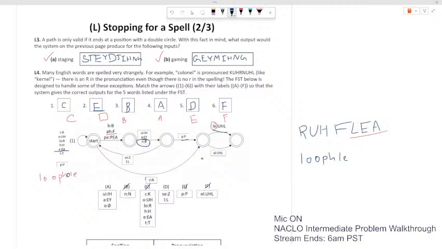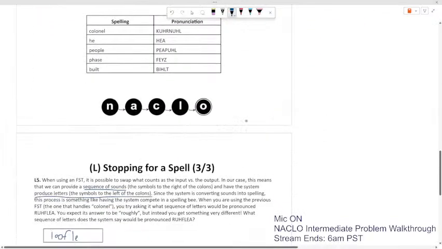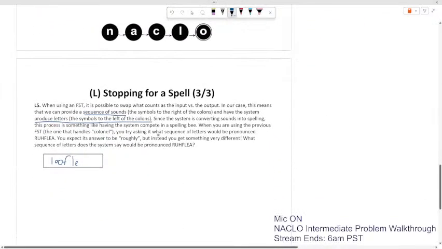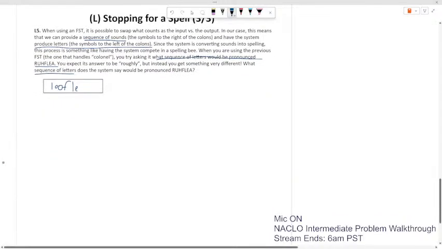Since O outputs nothing, it would be loophole if we were trying to create an actual word. Trying to see what sequence of letters remains roughly. The thing is, it says what sequence of letters, so that's why I was a little confused. But now that we know that it should be a word. Loophole.